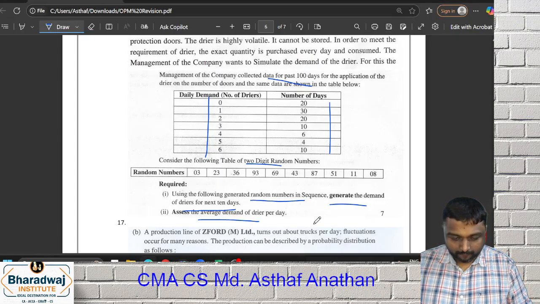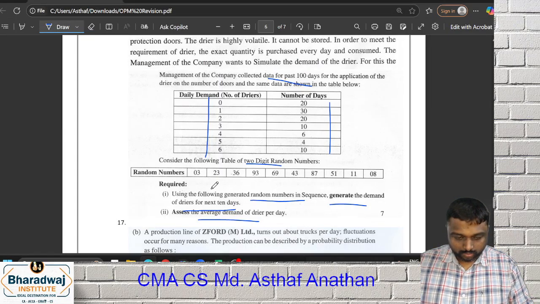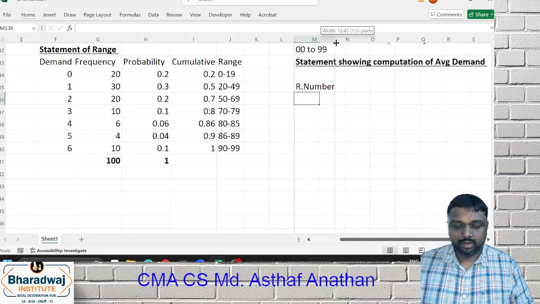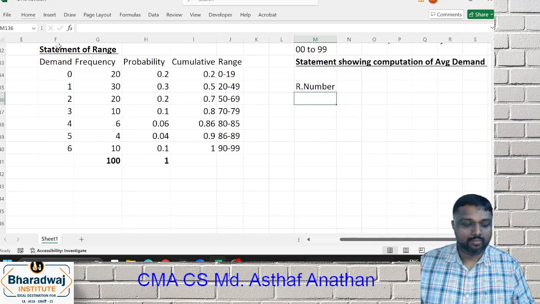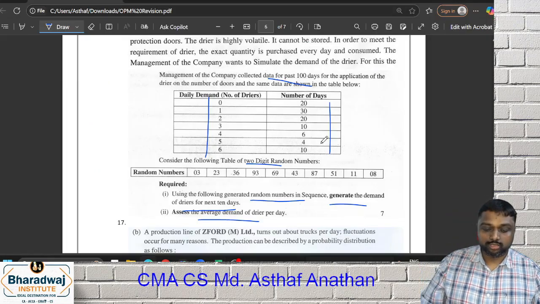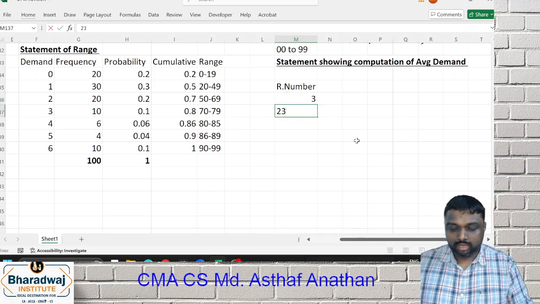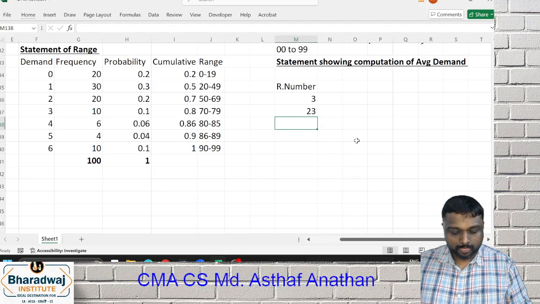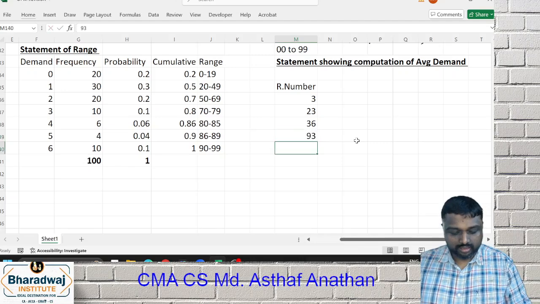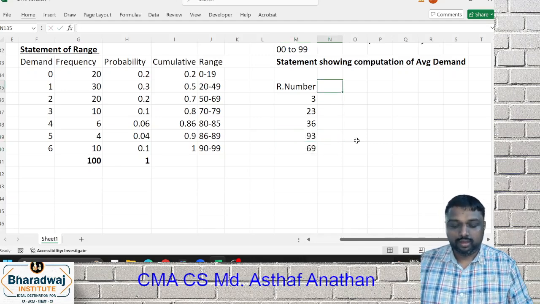How many days? The question will give random numbers, and that only we have to take. Generally, in computer model simulation we use these. So 3, 23, 36, 93, 69, etc.